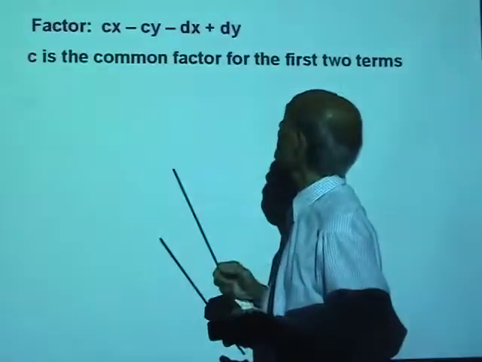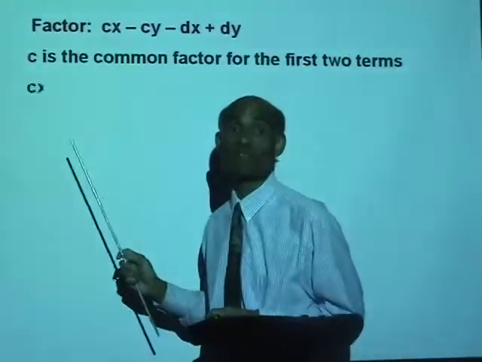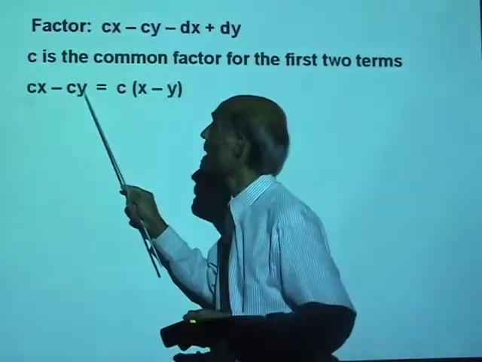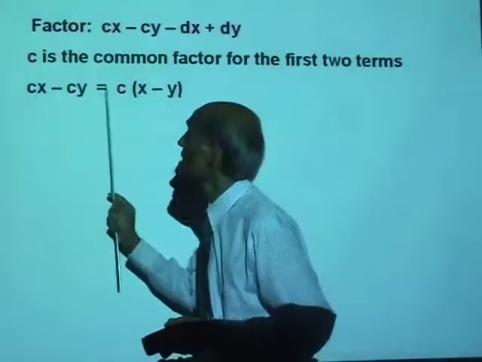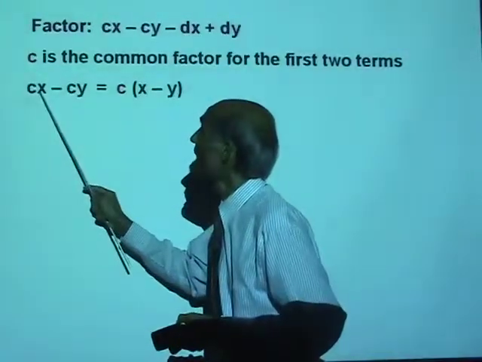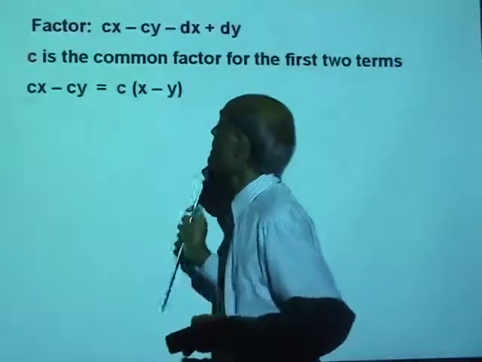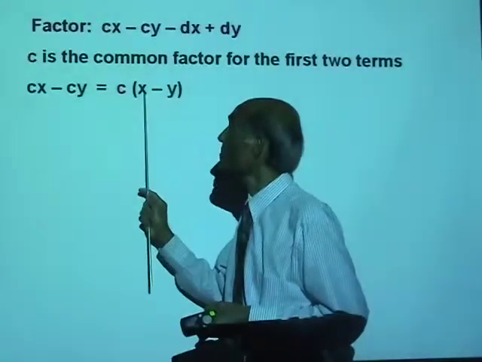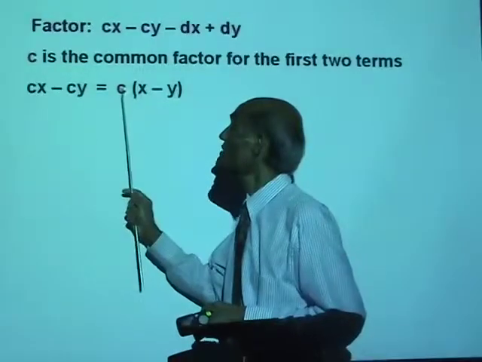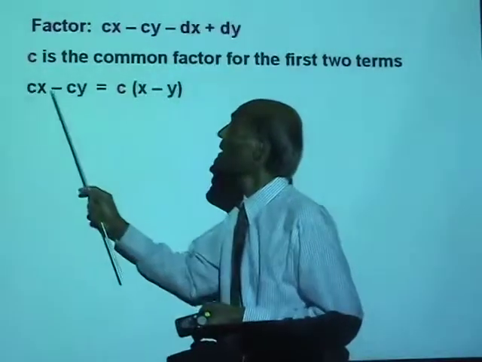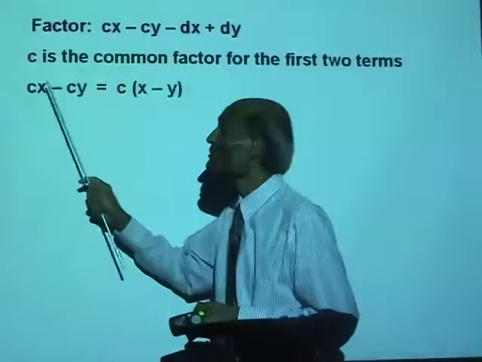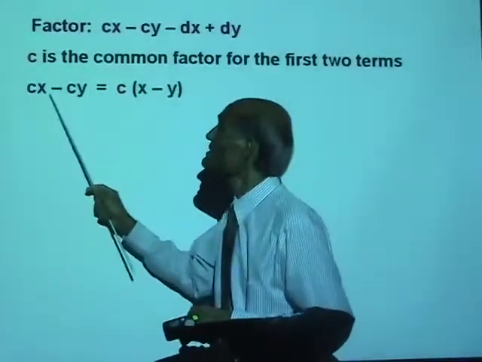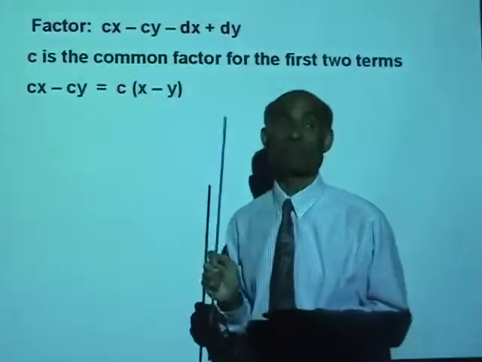So c is the common factor for the first two terms, and we can write cx minus cy as c is taken out, leaving an x minus y inside the parenthesis. Always check: c times x is cx, c times negative y is minus cy. So cx minus cy is c times x minus y.